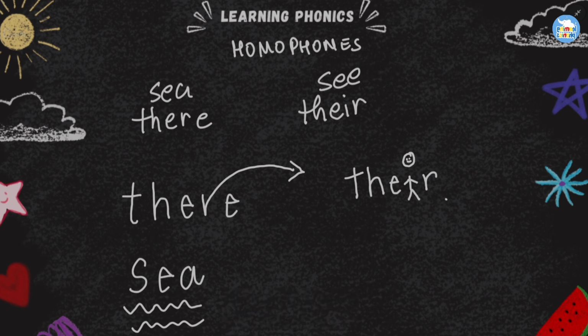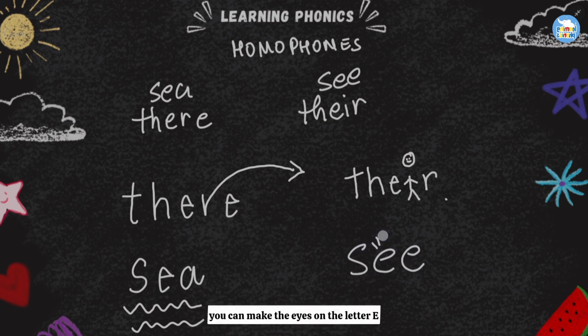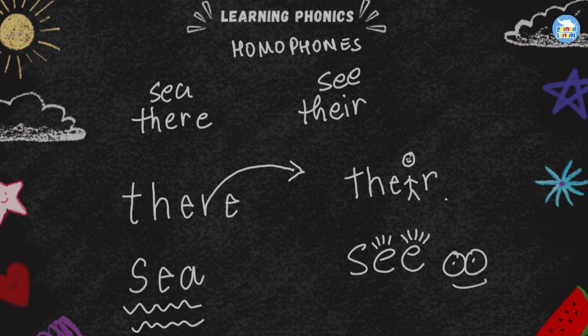And now for this "see", you can make the eyes on the letters E. So now they will know that this S-E-E is how you can see. These are the eyes. So this "sea" and this "see", they are not going to get confused now.